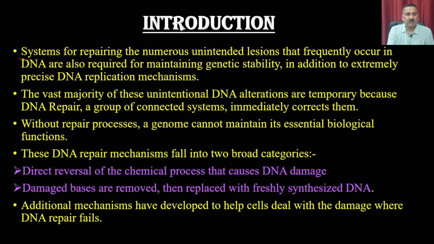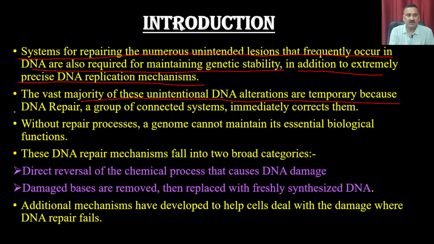So systems for repairing the numerous unintended lesions that frequently occur in DNA are also required for maintaining genetic stability. In addition to the extremely precise DNA replication mechanisms, the vast majority of these unintentional DNA changes are temporary, because the DNA repair, a group of connected systems, immediately corrects them. Without repair processes, a genome cannot maintain its essential biological functions.